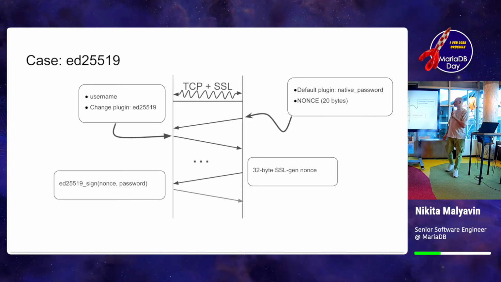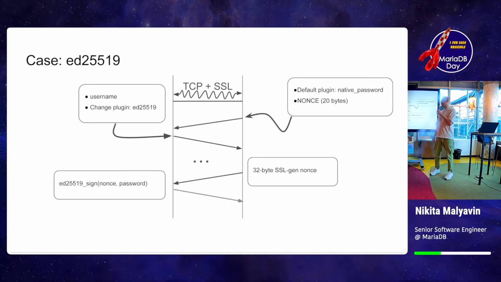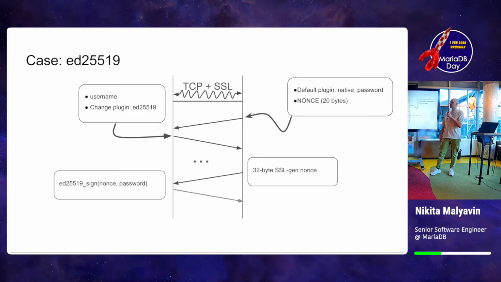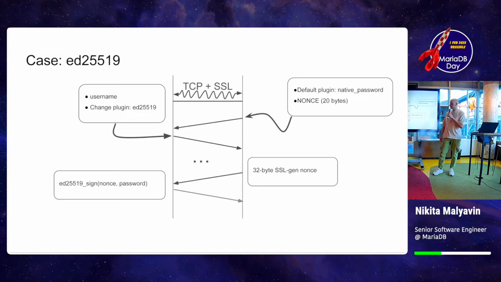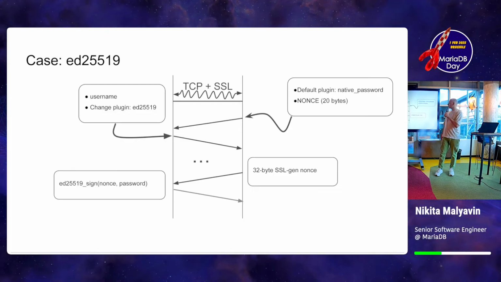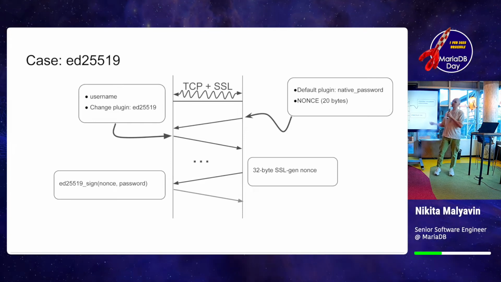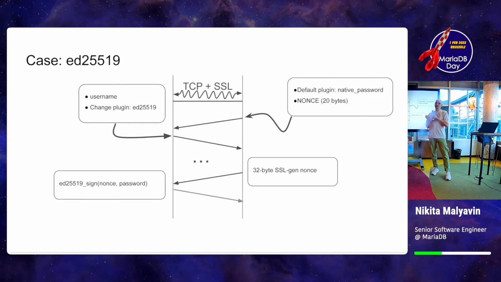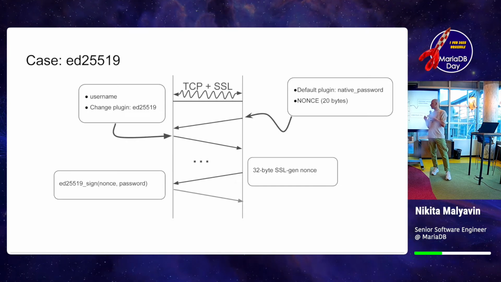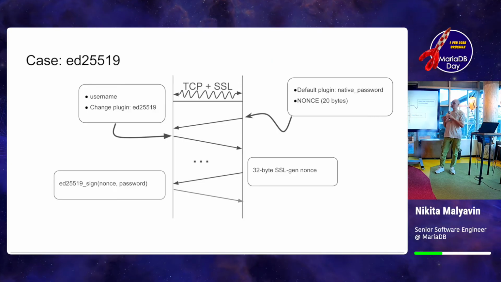So as I mentioned, there is a problem with using SHA-1, and the next generation plugin with a quite pronounceable name, ED25519, tries to fix this approach by using asymmetric cryptography. So instead of storing SHA-1 on the side of the server, first it uses the password as a private key for this signature function, and the public key is stored on the server side.